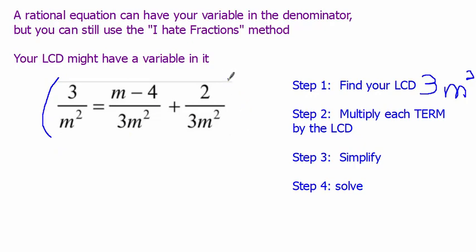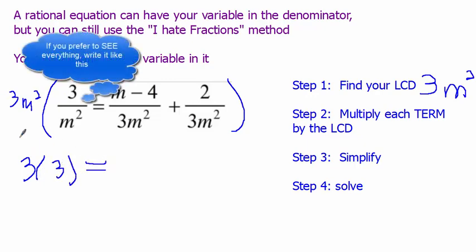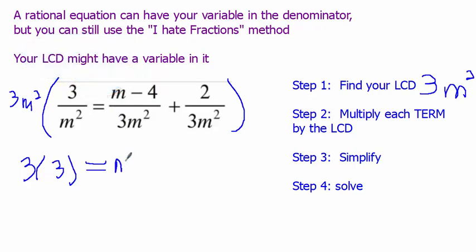That means I have to multiply the entire equation, and just to make it look a little bit neater, we're just going to do it this way. Now the problem with doing it this way is I like to cancel things before I do the multiplication, and sometimes we lose track of what we're canceling out. So m squared divided by m squared, I'm going to be left with 3 times 3 on this side of the problem. 3m squared divided by 3m squared, well, that goes away.